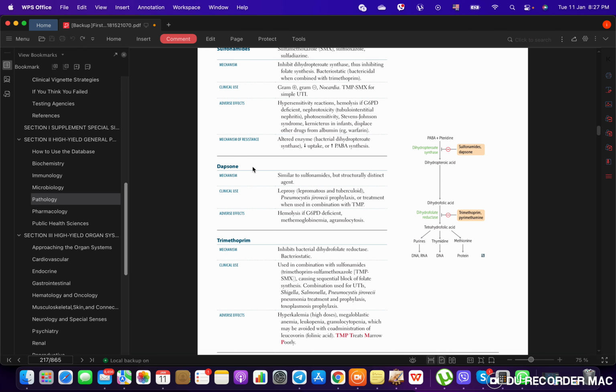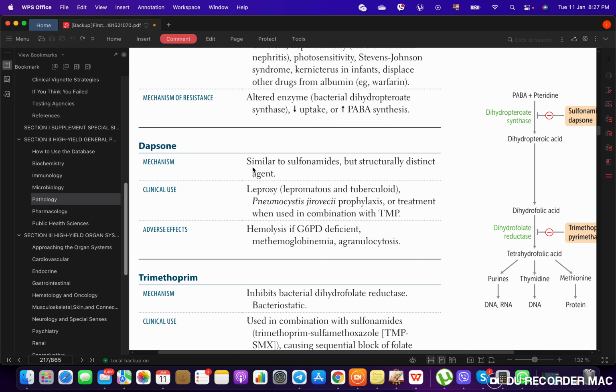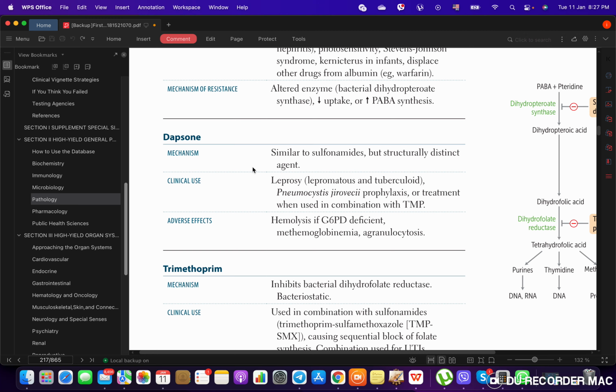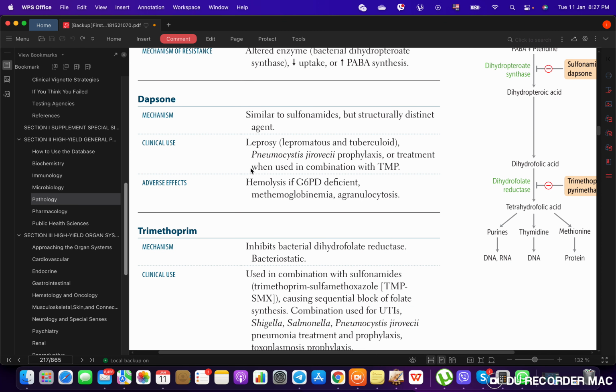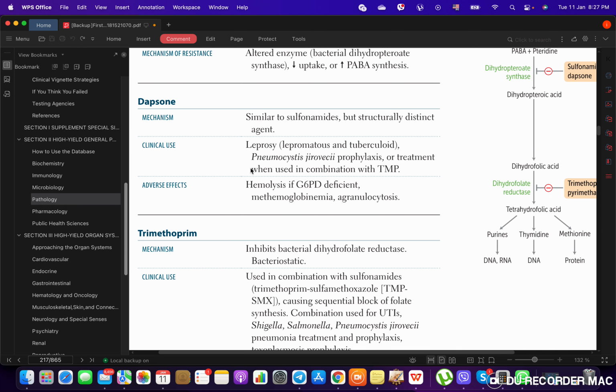In case of dapsone, it's another drug. It's also a sulfa drug. It looks like a sulfonamide, and if we speak about the name and what we use it for, it's also like sulfonamides, but in reality, it looks a little bit different structurally.